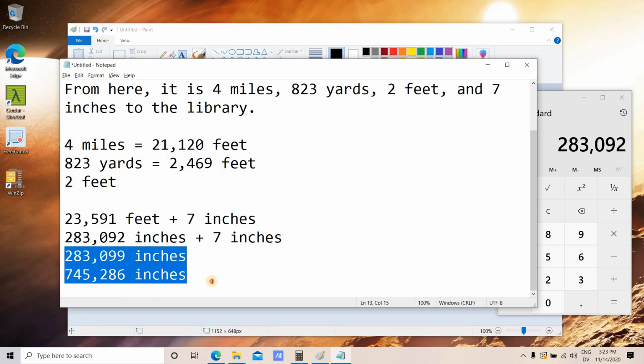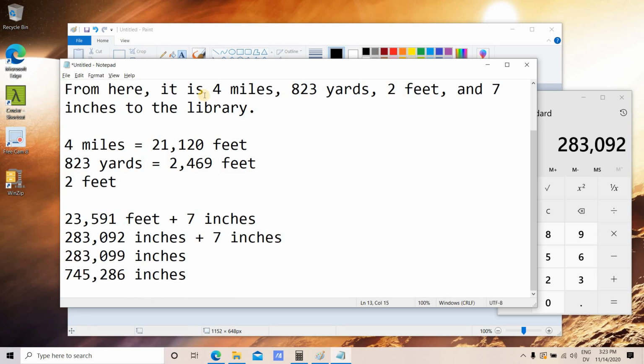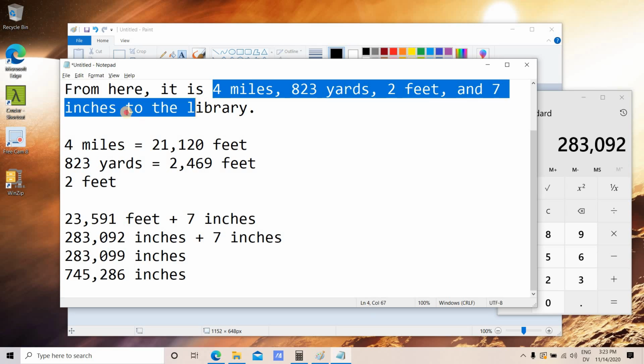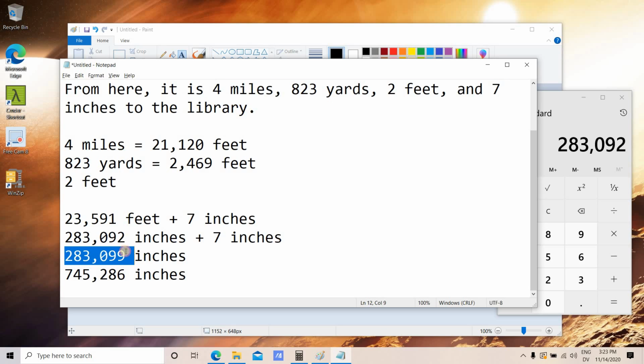This is impossible. If we have a solid distance, 4 miles, 823 yards, 2 feet and 7 inches from here to the library, then there's only one possible result in inches.